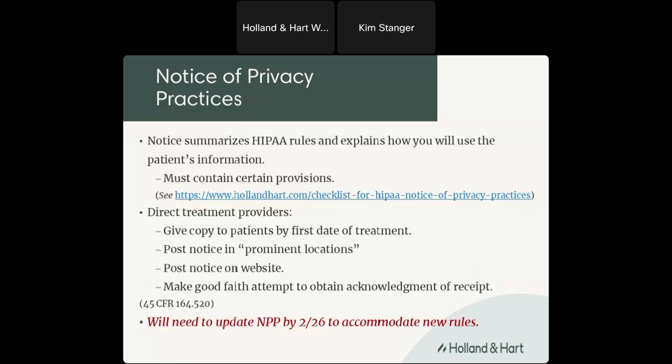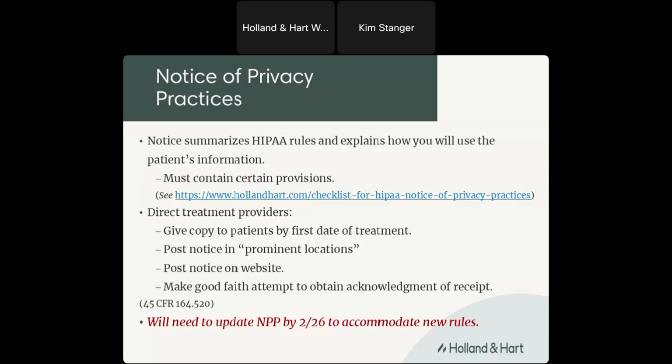Direct treatment providers, for those of you who have a direct treatment relationship with the patient, you've got to give a copy of that notice to your patients by no later than the first date of treatment. If you engage with that patient electronically, then you've got to have it set up so that you're providing that notice at that first interaction. In addition, you've got to post the notice of privacy practices in prominent locations in your physical address, and you've also got to post it on the website.